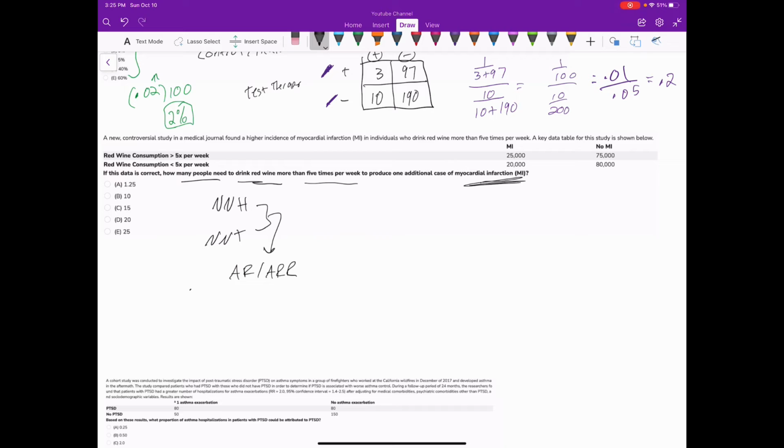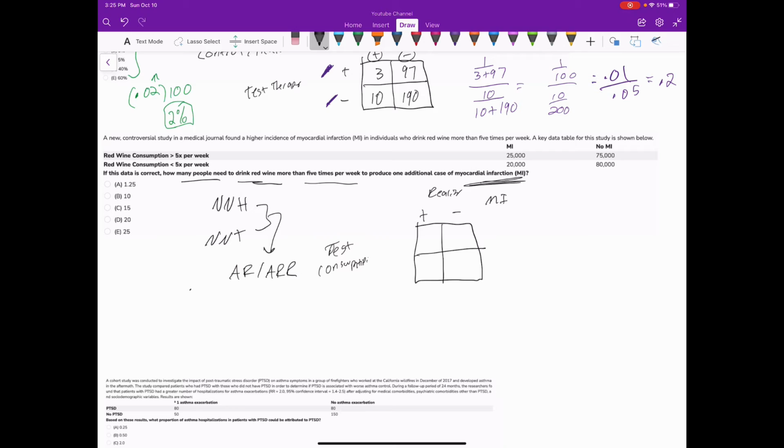Okay, let's make our table. Okay, so let's see. We have reality. Did they keep it the same for us? They did. Okay, so we have a myocardial infarction, or you don't have one. So MI, we'll do that. And then the test is going to be our consumption.